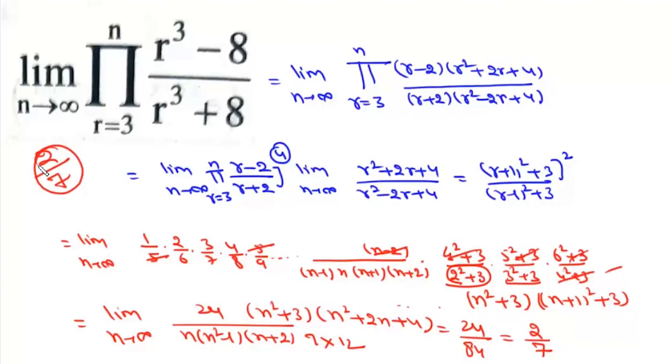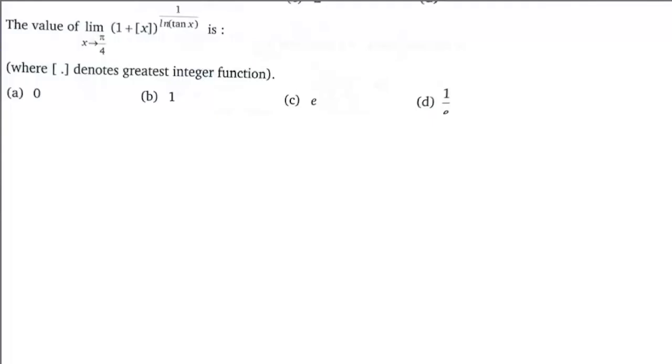Now here the question is, we need to find the value of this limit, x tends to pi by 4, of 1 plus greatest integer function of x, to the power 1 upon log 10x.